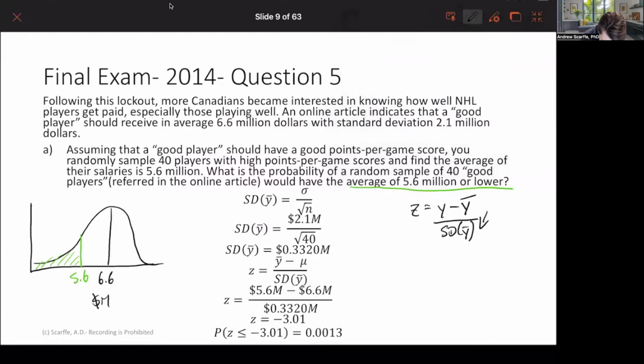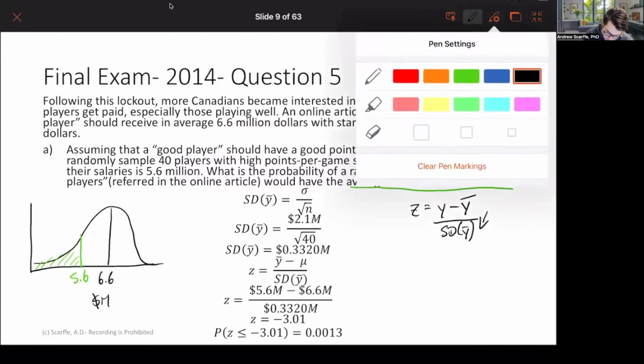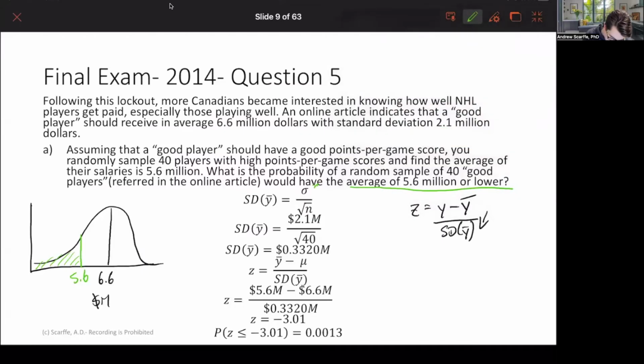The standard deviation of Y bar is equal to sigma. That's this Greek letter right here. This just represents the standard deviation of your population, which of course is given to us in our question, divided by the square root of our sample size.